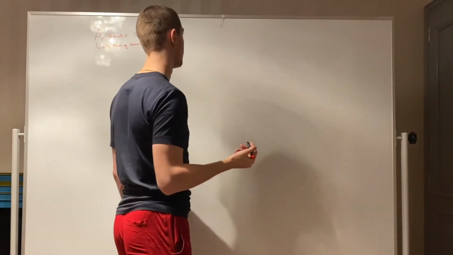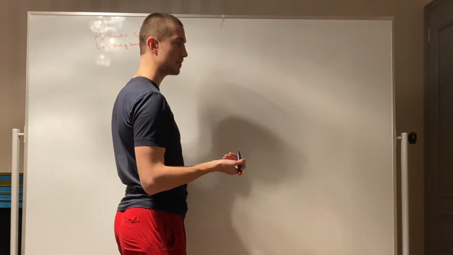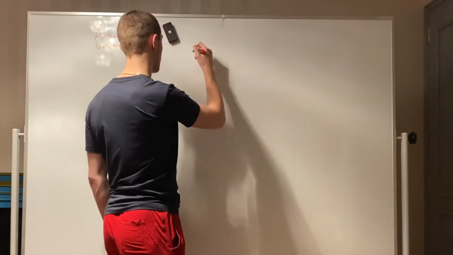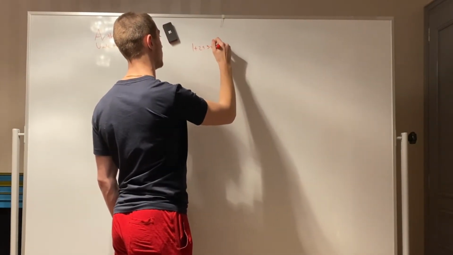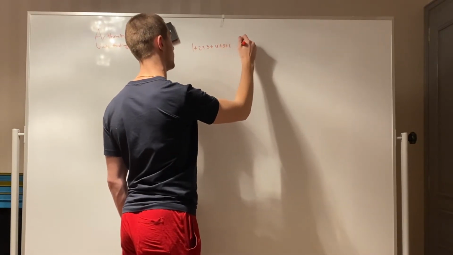So let's consider some kind of arithmetic sequence, just a sequence of natural numbers, and we're going to add them up together, so we're going to get an arithmetic series. Just say 1 plus 2 plus 3 plus 4 plus 5, 6, and so on until 100.